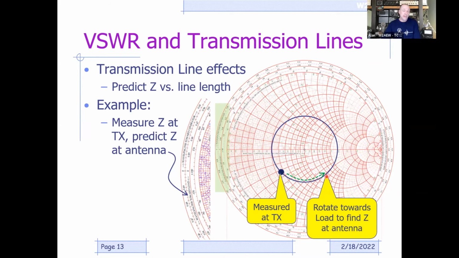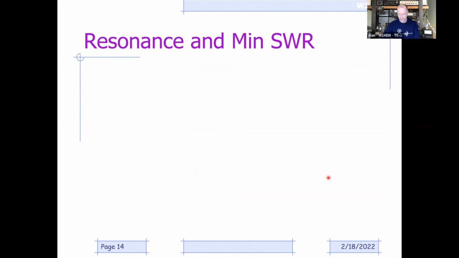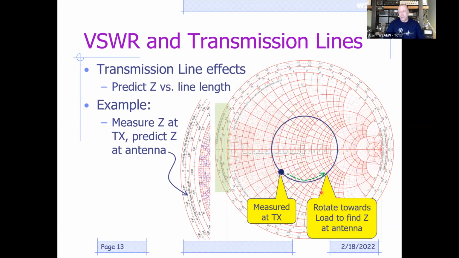And that might be handy because ideally we want the antenna itself to represent a nice match to the transmission line impedance. So we really want our matching circuit to be at the antenna end, but you can do that by measuring the impedance at the transmit end. If you know the line length, you'll know what the impedance is at the antenna. So you can use that to maybe design a matching network.